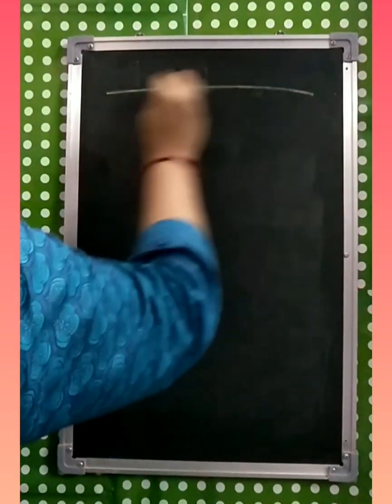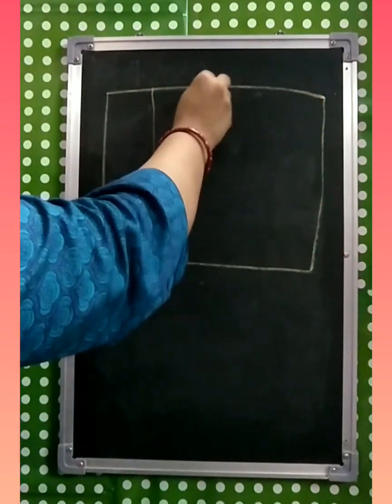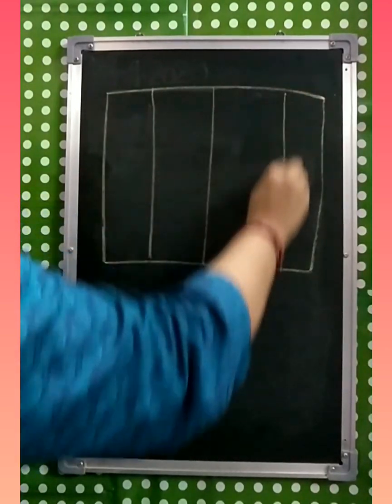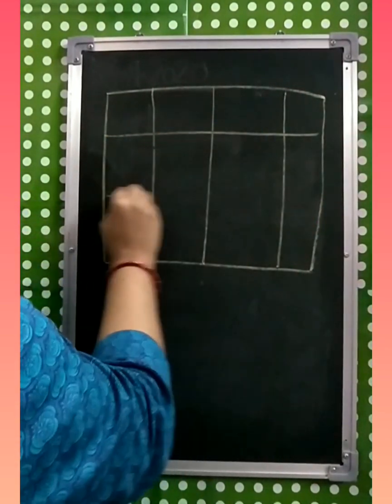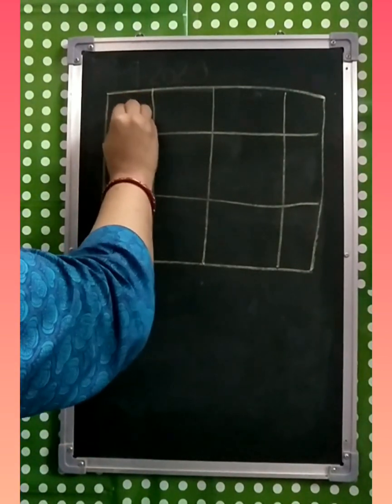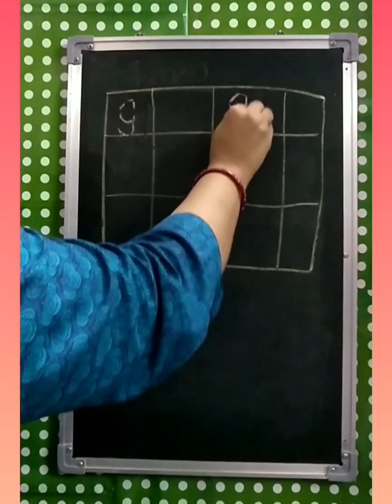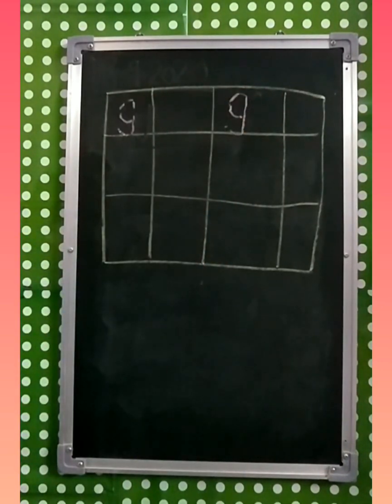Now children, in today's worksheet, you are going to get dotted G. In 3 lines, ma'am has written G in dots. So what you have to do? Yes, correct.